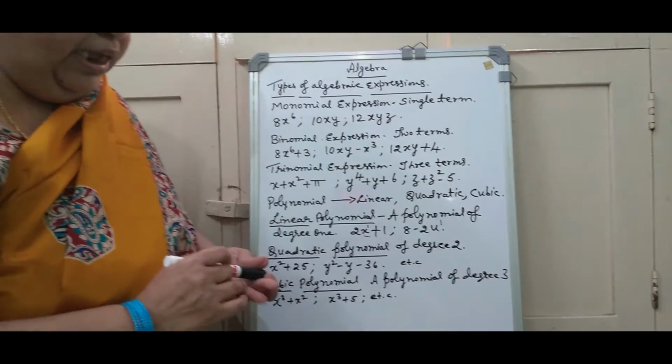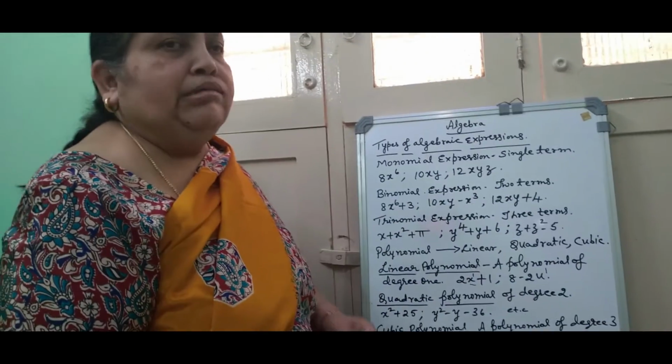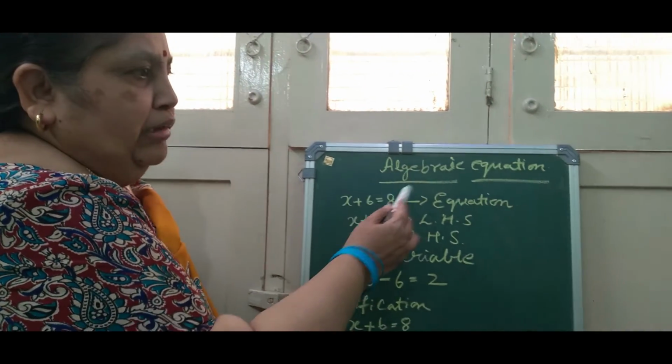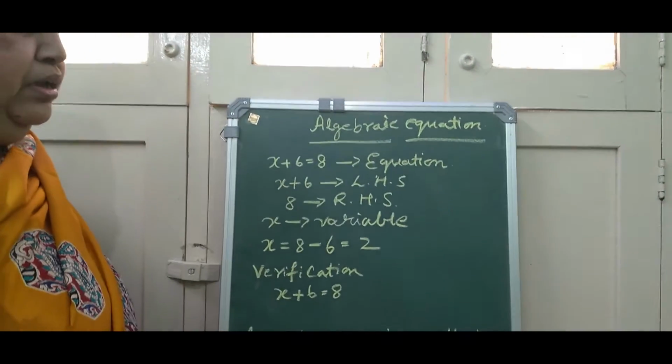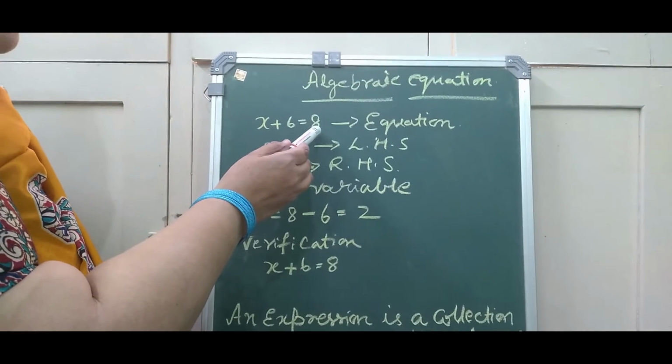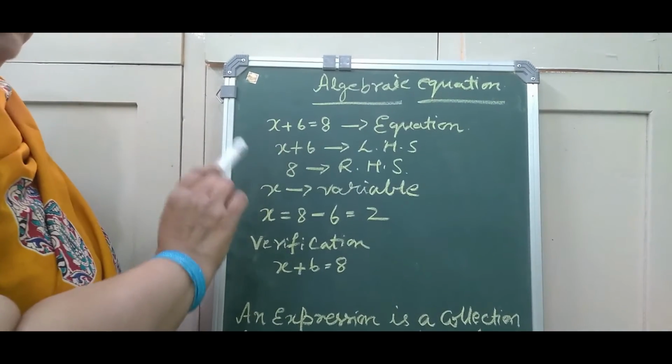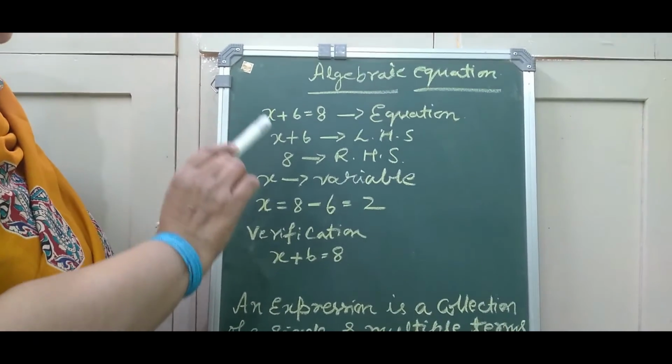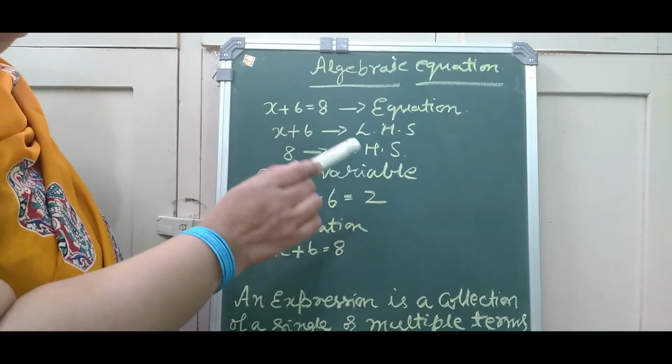And now next let me tell you about the algebraic equation. See, I have taken the example here: x plus 6 is equal to 8. Please don't get confused between the algebraic expression and the algebraic equation.